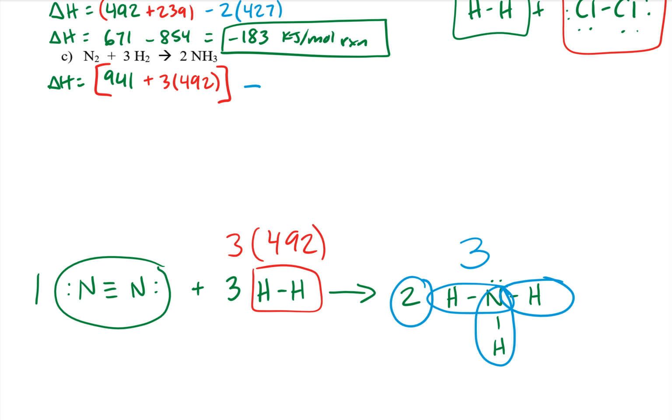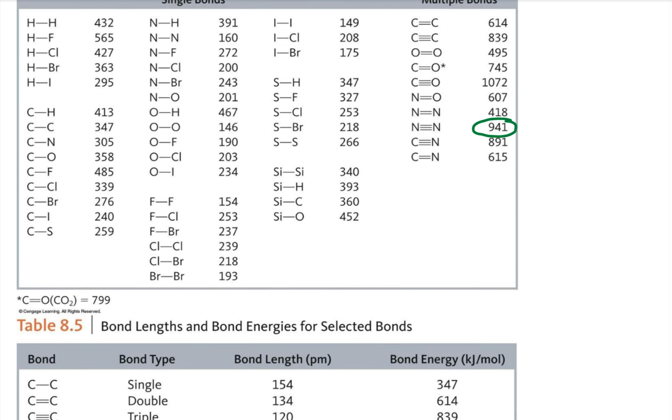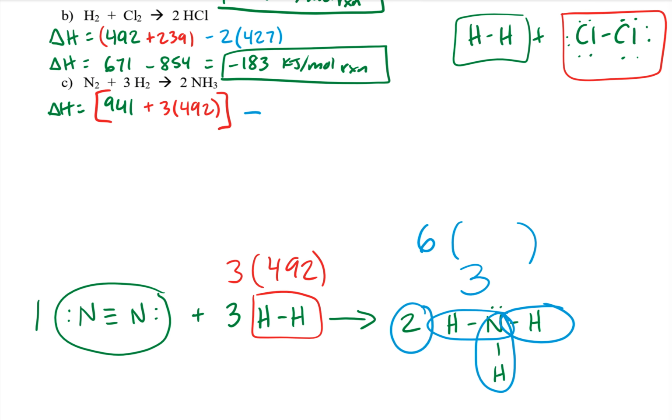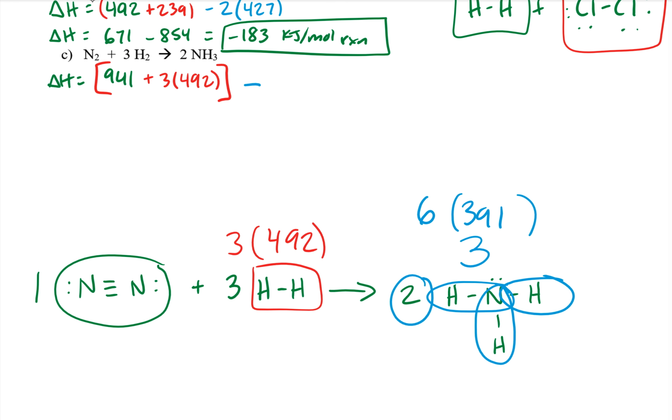So really I have 6 nitrogen to hydrogen bonds being formed here. So I'm going to do 6 times the bond energy of nitrogen to hydrogen single bond, which is 391. So insert 391. So 6 times 391. That's the sum of all the bonds being formed.